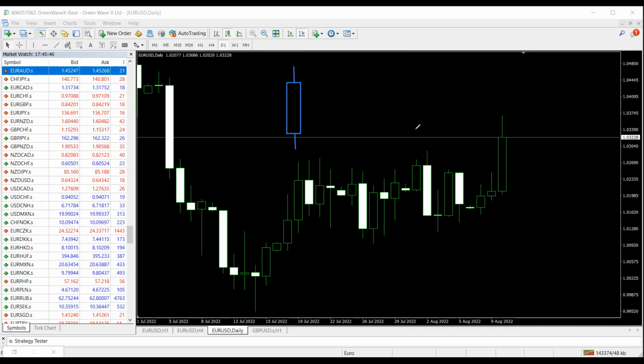If the buyers won, what will happen to price? Price is going to go up, right? So that means if the market opened here at this price, if the buyers are the ones that won, what happened? Price is going to go higher and close here. So that means for that particular time, the buyers are the ones that won.